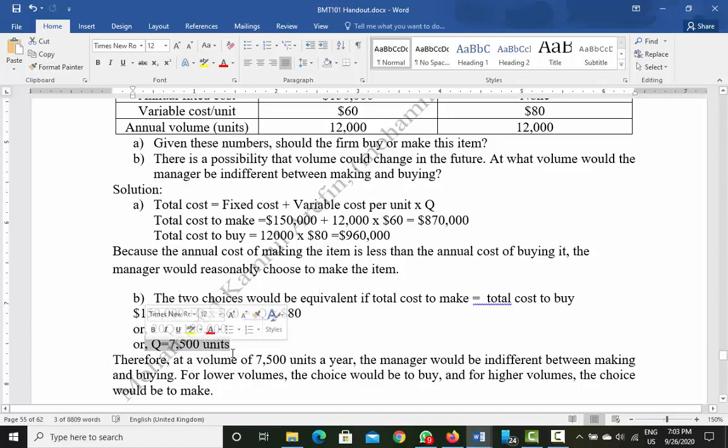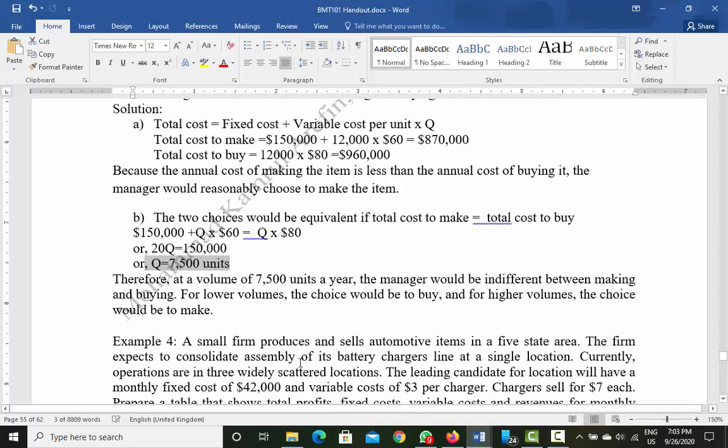That means if you require 7,500 units annually, the total cost to make will be the same as the total cost to buy. You may choose either one, you will be indifferent.